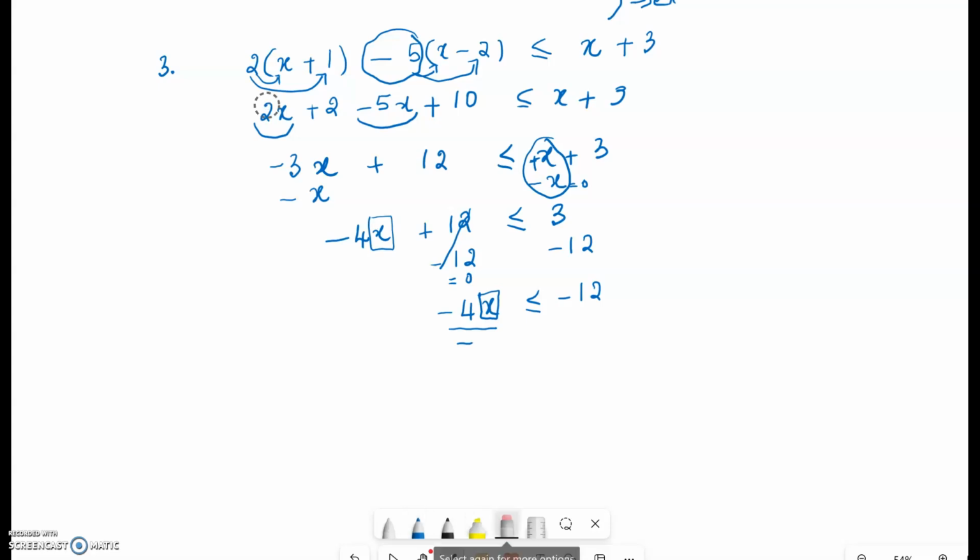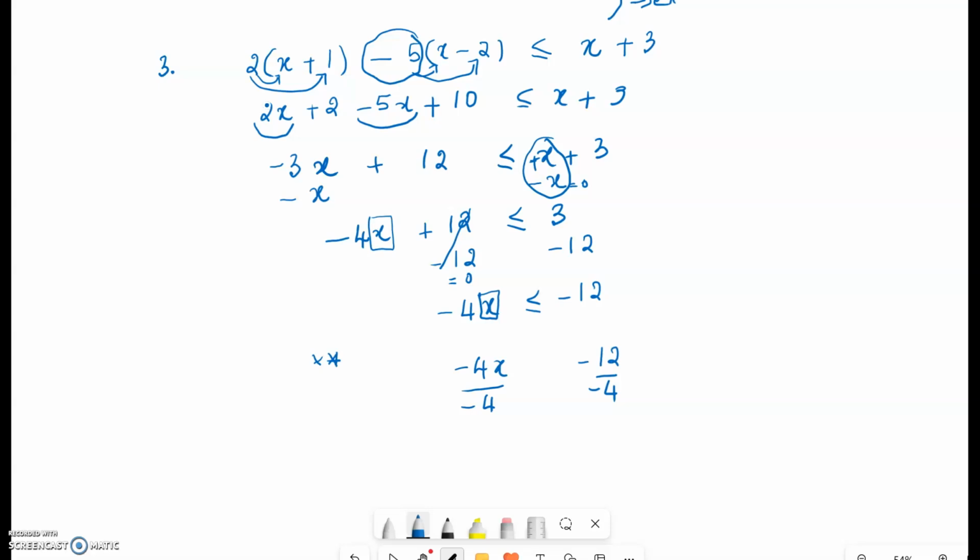I'm going to write this on the next line. I'm sorry. We're going to go negative 4x divided by negative 4, and that's the way to get rid of the negative 4 on the left. We do the exact same thing on the right. But remember, this is important.